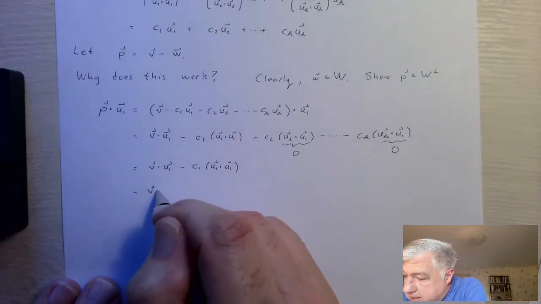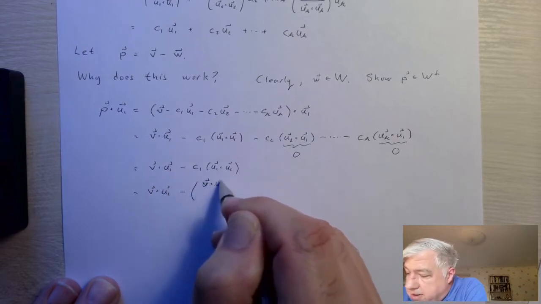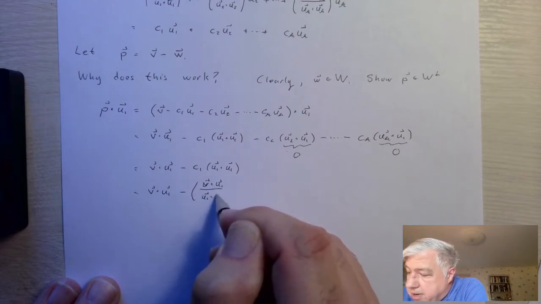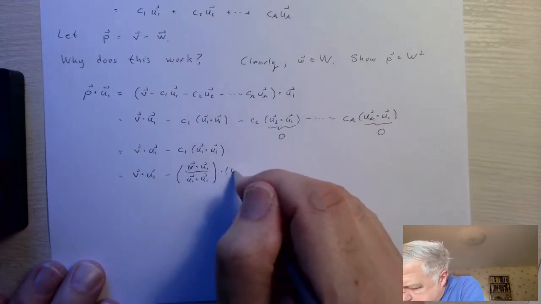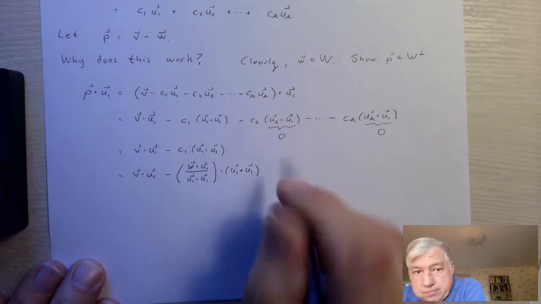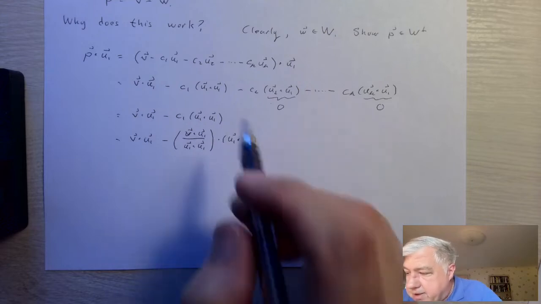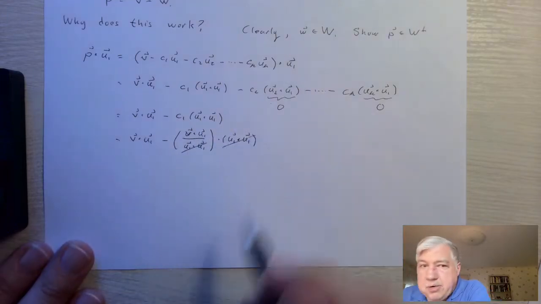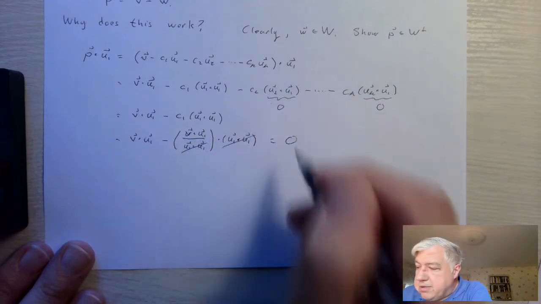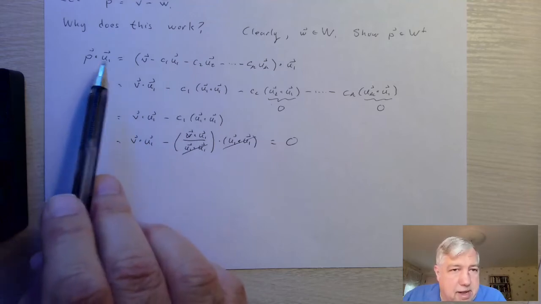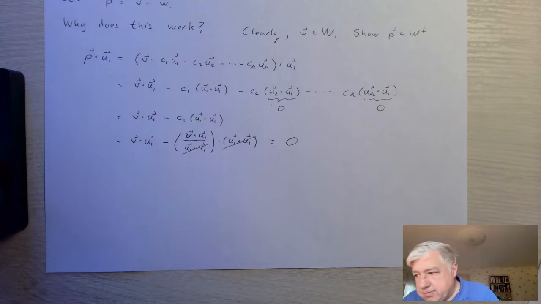So this is V dot U1 minus V dot U1 over U1 dot U1 times U1 dot U1. Now you can see what's going to happen. I think this number and this number cancel, and then we just have V dot U1 minus V dot U1. So this is going to be 0.